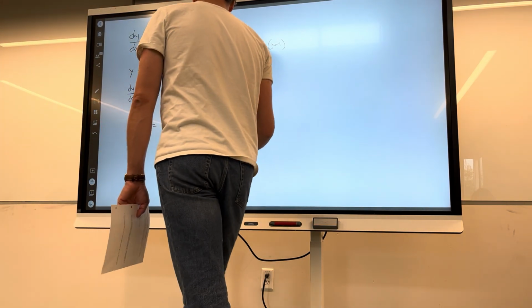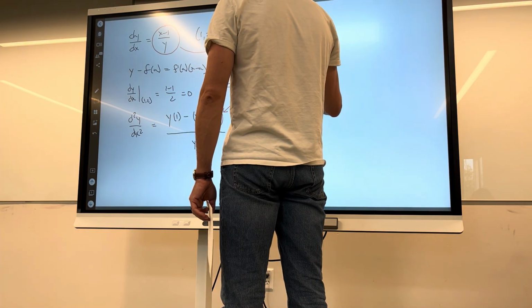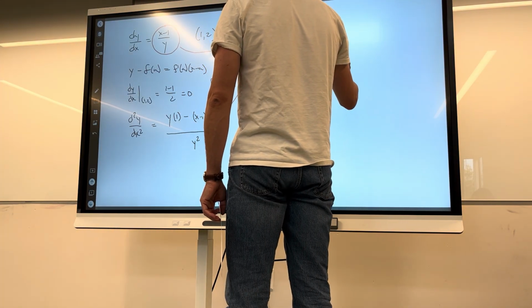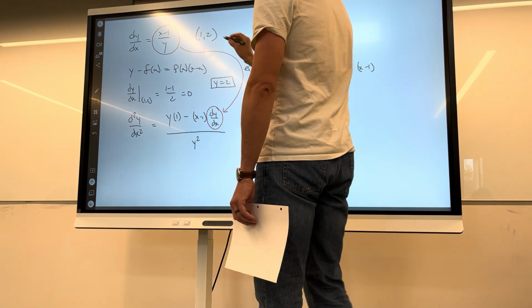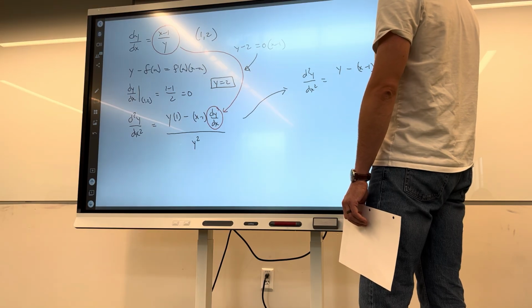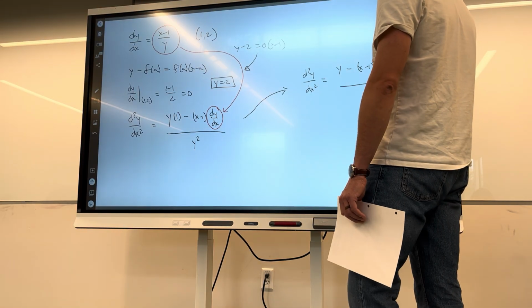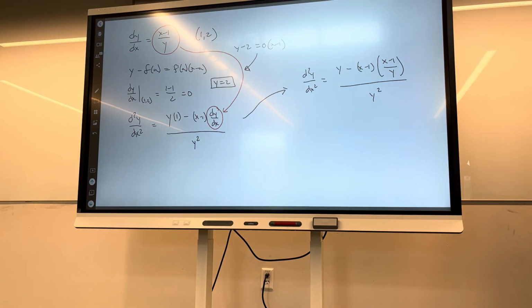So from there, we can then say d2y/dx squared, the second derivative, is equal to y minus (x minus 1) times dy/dx, but remember dy/dx is just (x minus 1) over y, all over y squared. That's now the second derivative in terms of x and y.